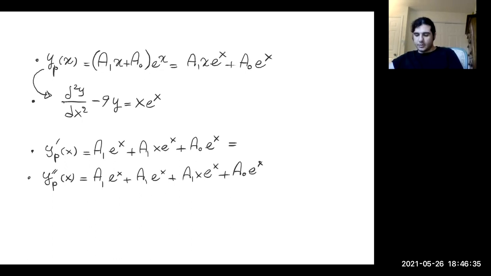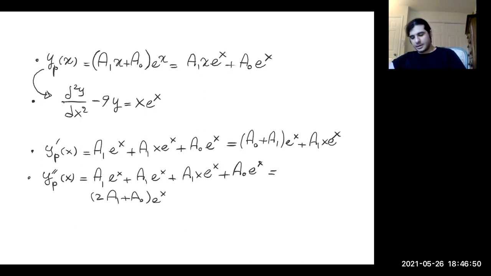So the first derivative is (a0 + a1) e^x plus a1x e^x, and the second derivative is (2a1 + a0) e^x plus a1x e^x.